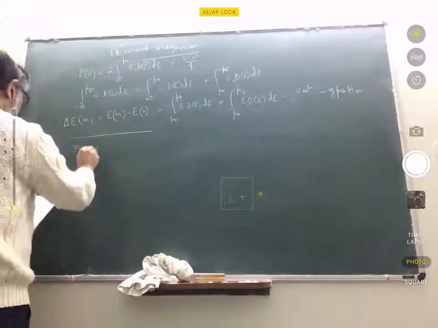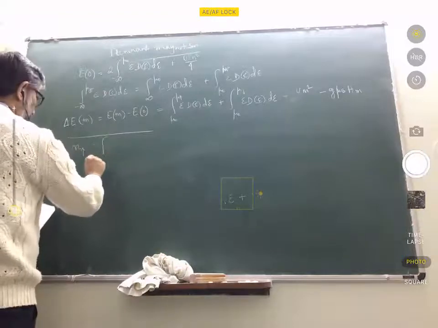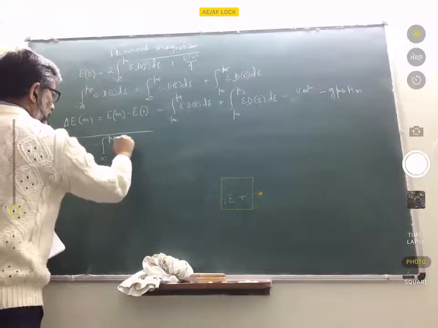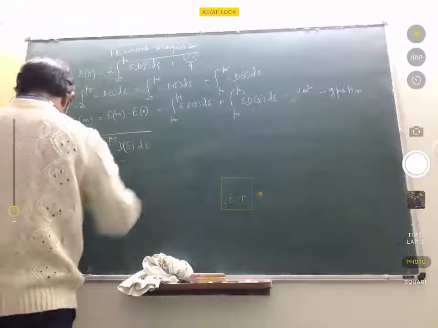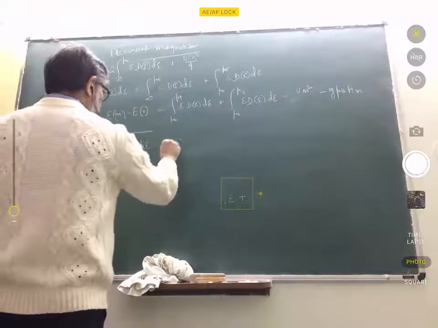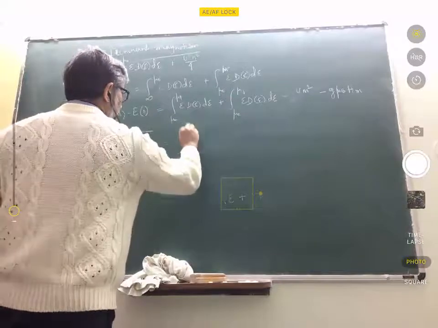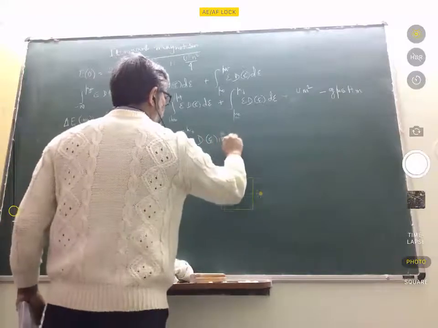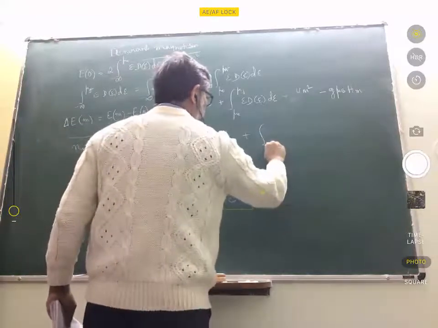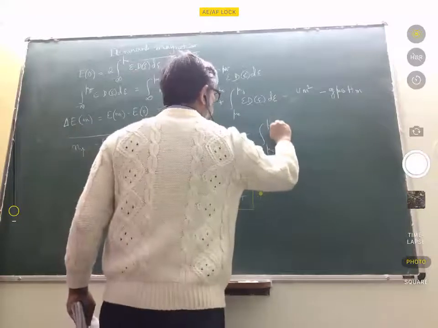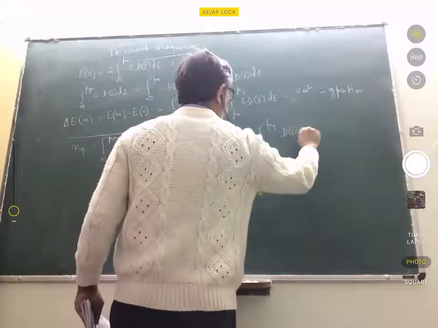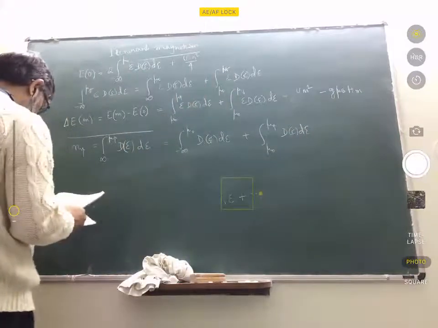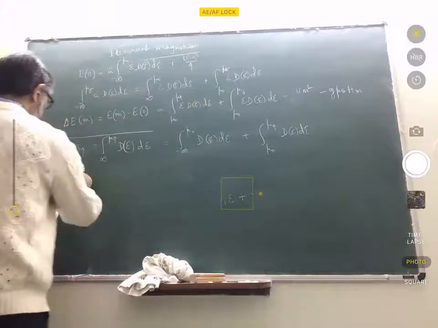So in up, the number of upspin electrons. And similarly, we'll have in down.